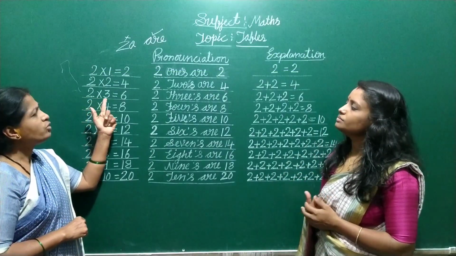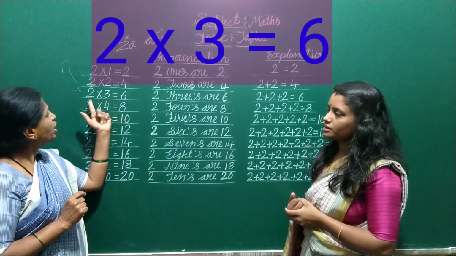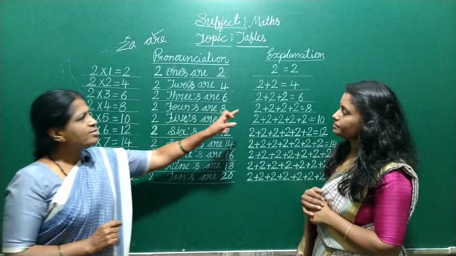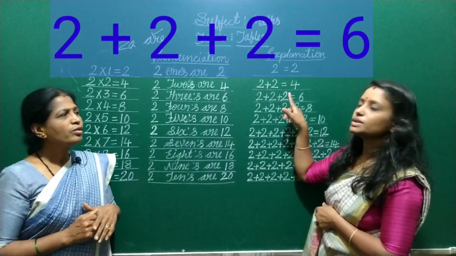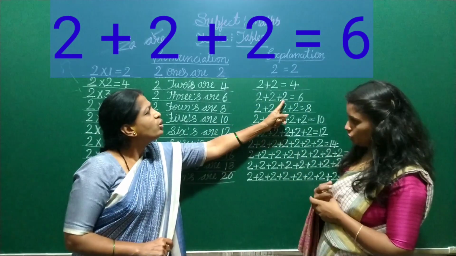2 into 3 equals 6. Here you can see how many 2's are there? 3 times 2's are there.